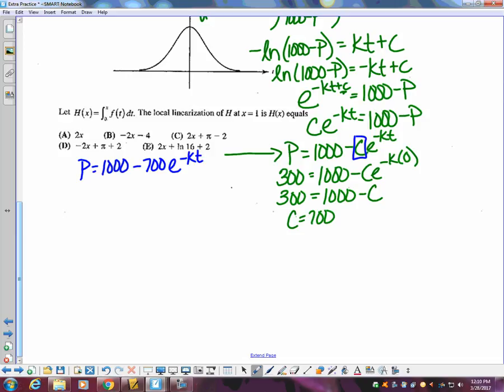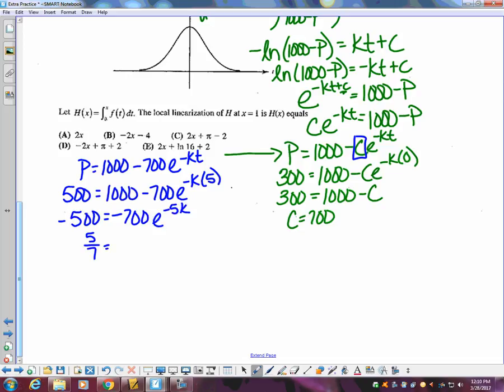I still need k. Now it tells us that the population had grown to 500 in 5 years. So I have 500 deer on year 5. Subtract my 1,000 over. Divide my 700 over.